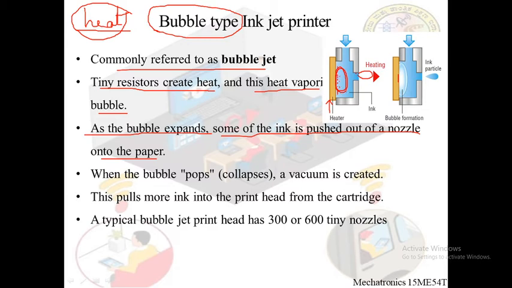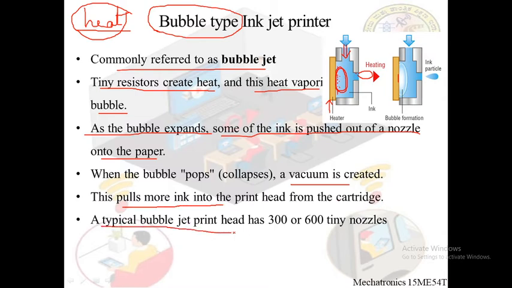Because of this collapsing, a low pressure is created, that is, a vacuum is created, because of which new ink is once again taken into the nozzle. This vacuum pulls more ink into the print head from the cartridge.